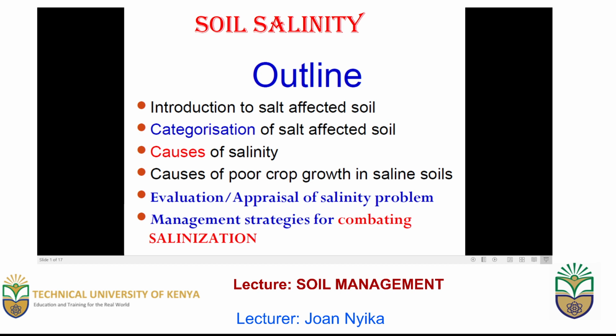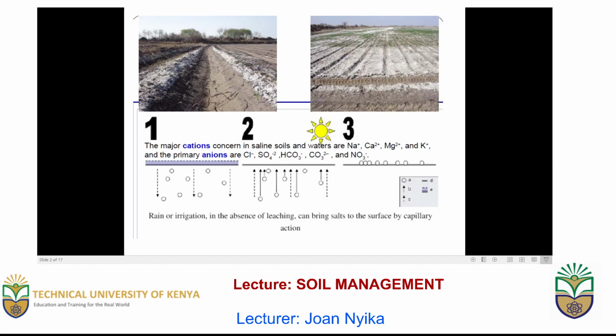And some of the aspects we will look at, we will briefly introduce salt affected soils and what they are and how you distinguish them, the categories of salt affected soils, the causes of salinity, the causes of poor crop growth in saline soils, how to evaluate a soil as having a salinity problem, and some of the management strategies for combating salinization.